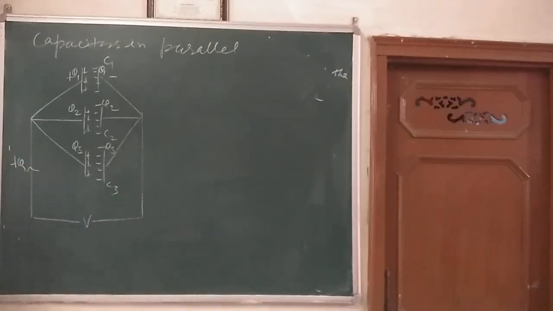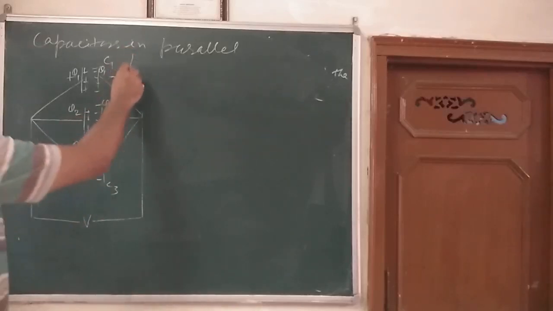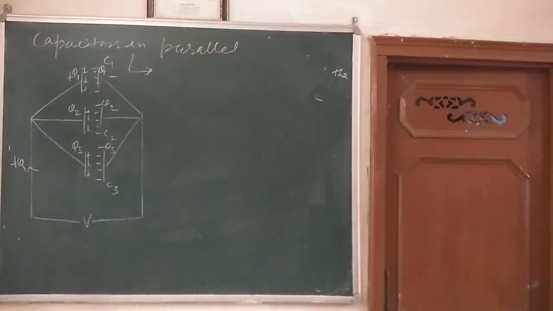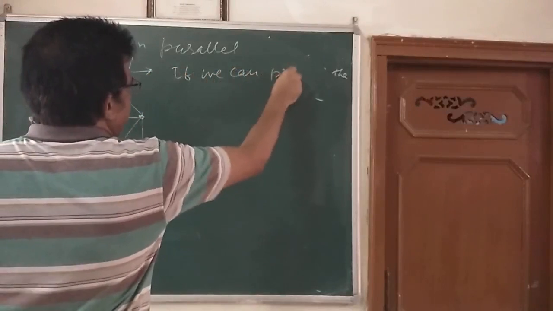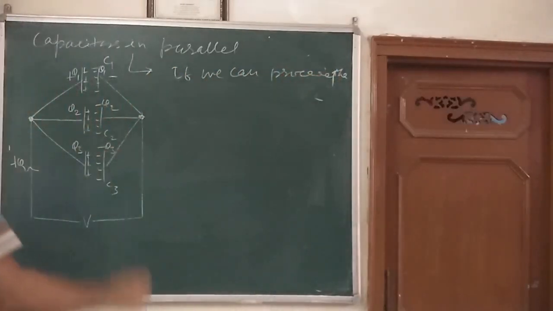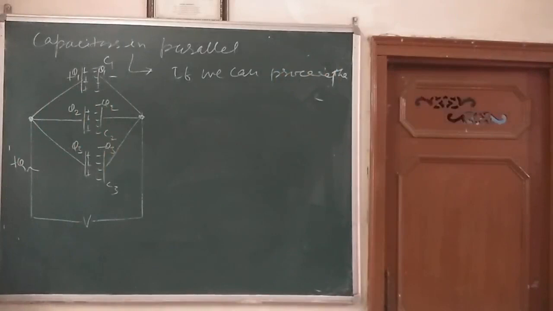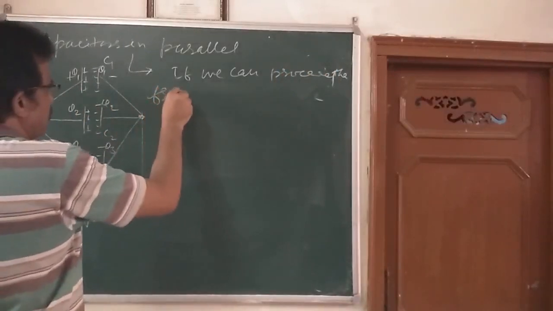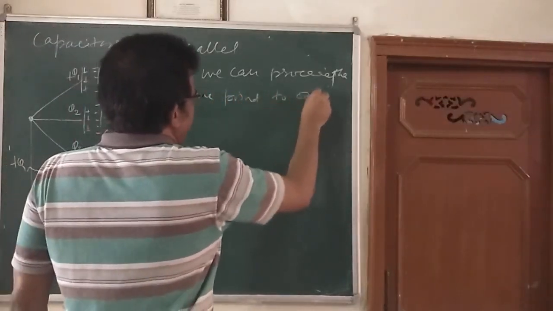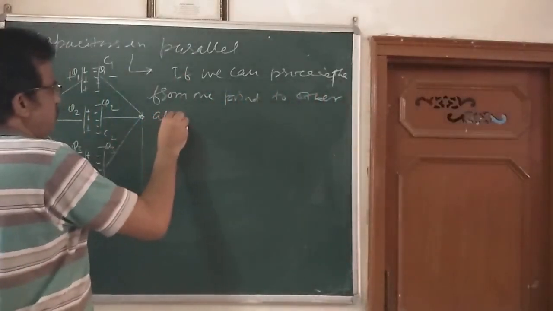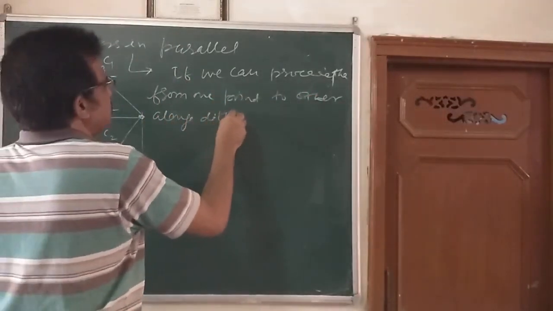Now what is the meaning of capacitors in parallel? Capacitors are said to be connected in parallel between any two points, this and this point, if we can proceed from one point to the other along different paths.